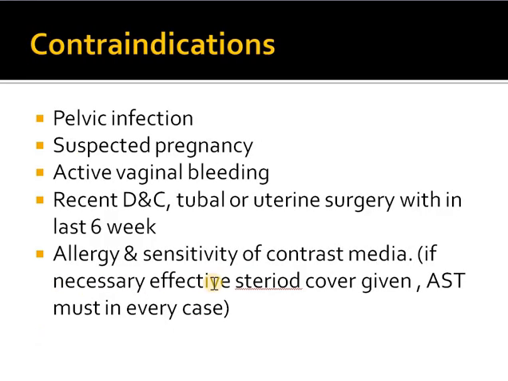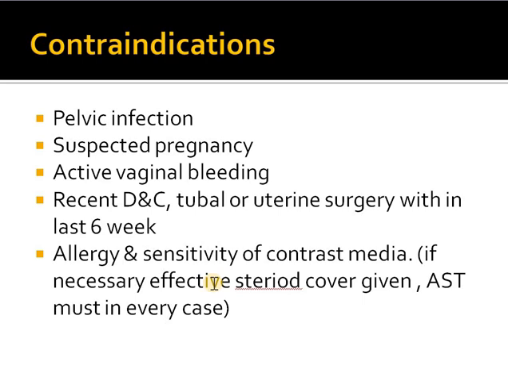First is pelvic infection. In cases of any PID or pelvic infections, we won't opt for this HSG. Why? Because if we do the HSG, there are chances we will accelerate this infection which is localized to the pelvic area and uterus, because the instruments we are using pass through the pelvic area to the uterus.